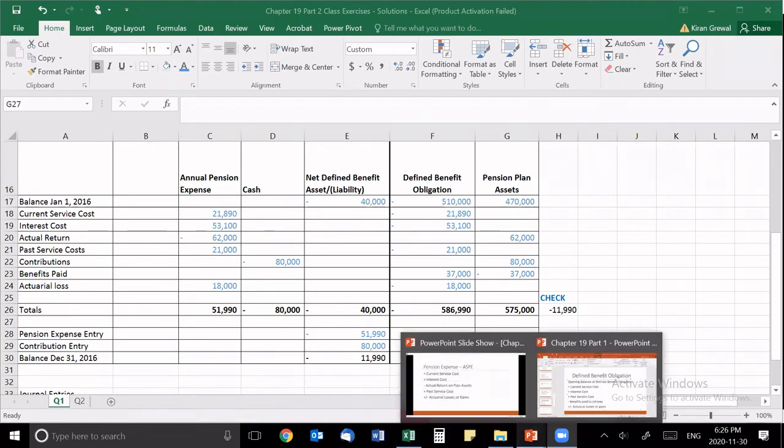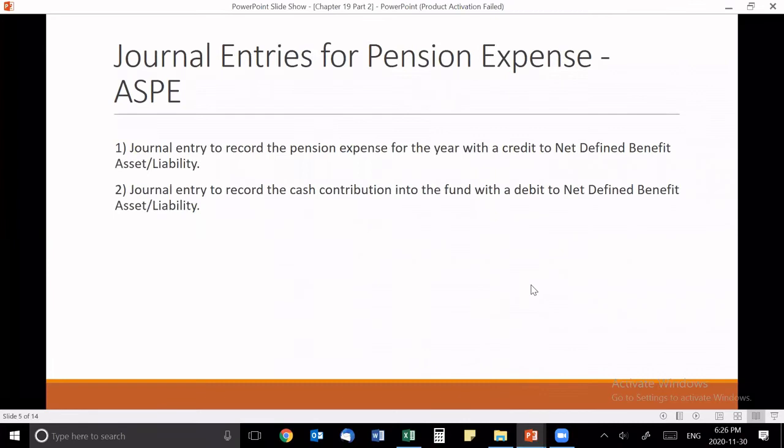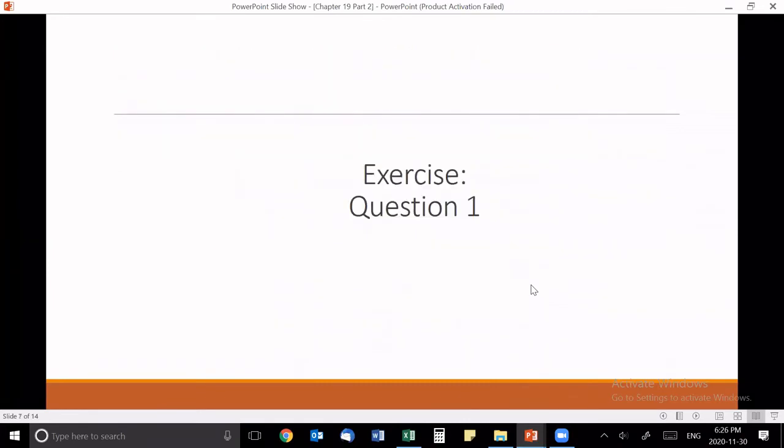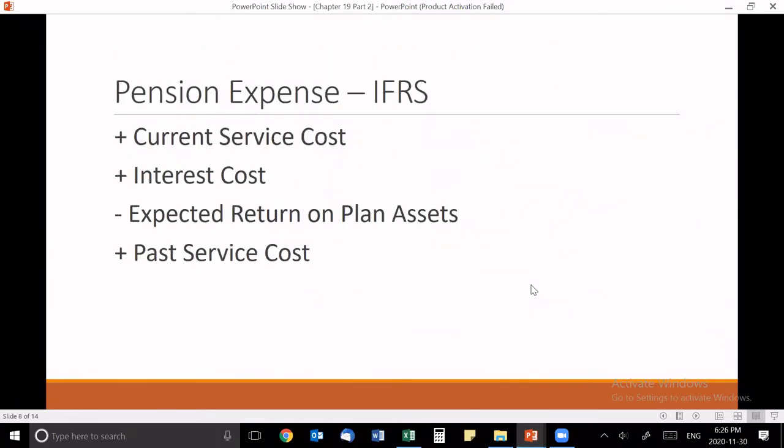All right, so let's go back to our slides and we'll figure out how to do IFRS. For IFRS, you're going to get the same answer for your defined benefit obligation and for your pension plan asset. Your defined benefit obligation is exactly the same as IFRS and ASPE.